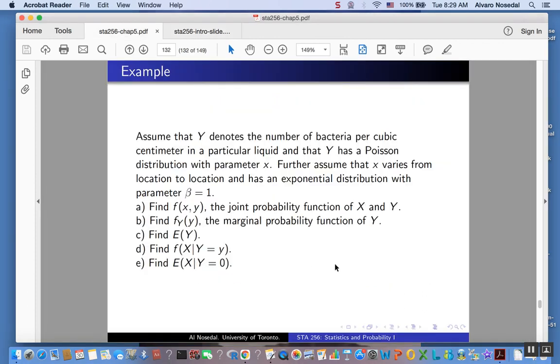So, take a look at that slide, at the statement of the problem that we're trying to solve. Got it?